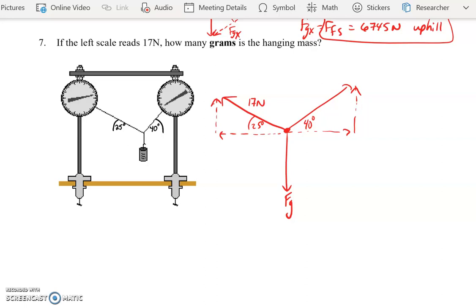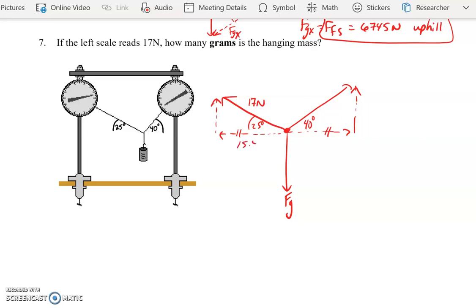Since we know there's only two forces left to right, those two forces need to be the same. The system is in equilibrium. And our two vertical forces are going to add up to the force of gravity. So if we can find the two y components and add them up, that'll give us the force of gravity. So using 17 sine 25 and 17 cosine of 25, we can get our two components on the left triangle.